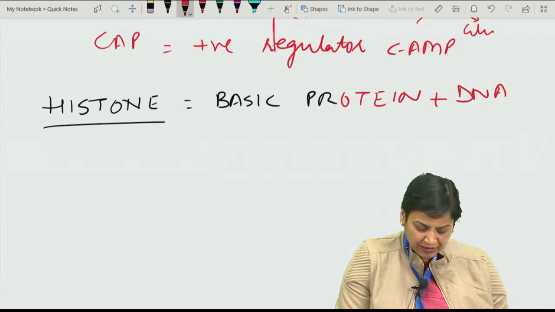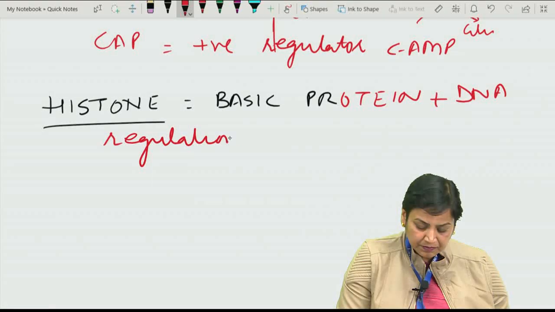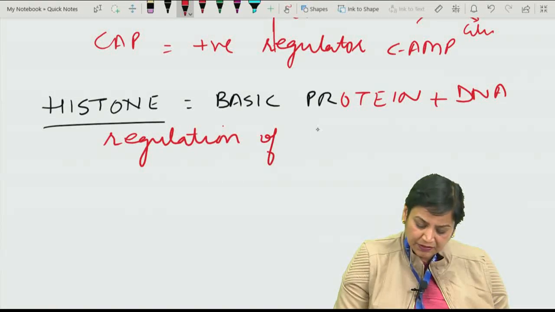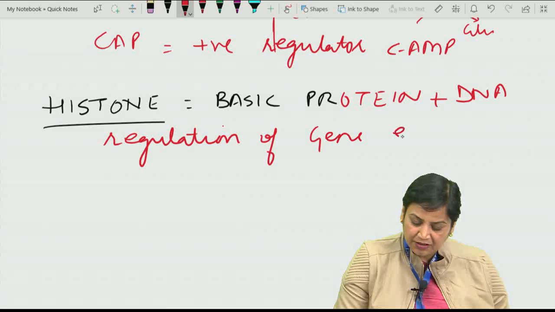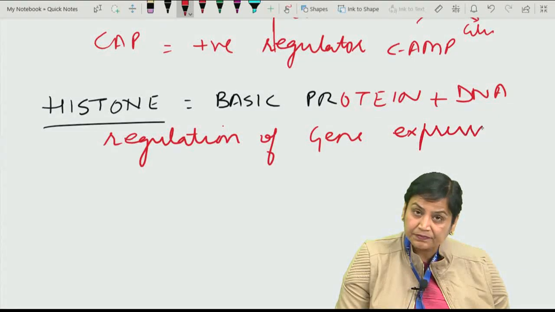Histones and non-histones help in regulation of gene expression.